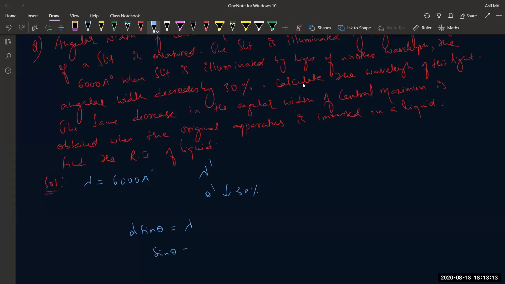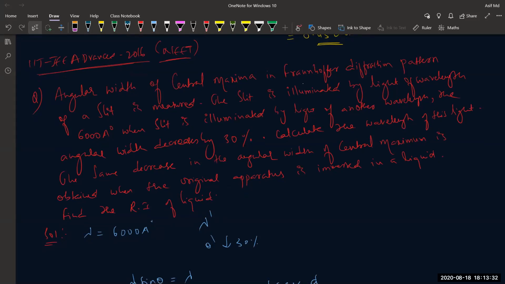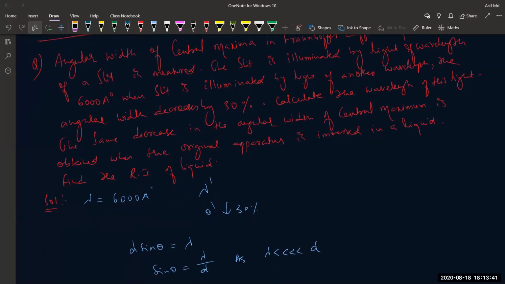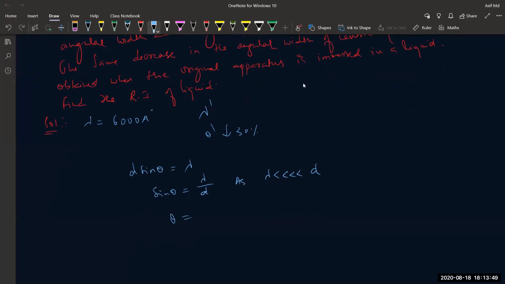So sin theta equals lambda by d. As the wavelength is much lesser than the slit width d, we can use the approximation sin theta equals theta. So theta equals lambda by d.